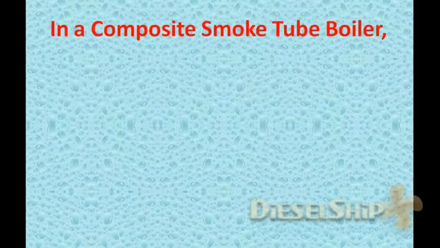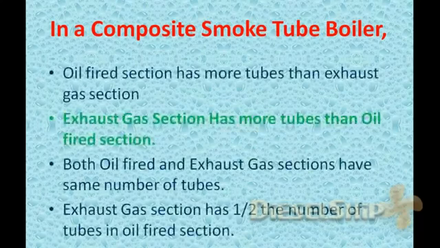And the answer for the next question: in a composite smoke tube boiler we always have the exhaust gas section having more tubes than the oil fired section. So the right answer is choice 2. The reason is the maximum exhaust gas temperature out of the main engine is usually 430 or 450 degrees Celsius depending on the engine design, and then this heat energy is utilized very well in the turbocharger so that the temperature drops to maybe 300 or so, and this enters the exhaust gas section.